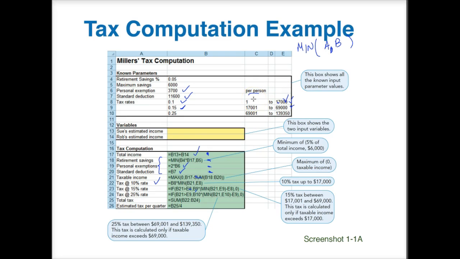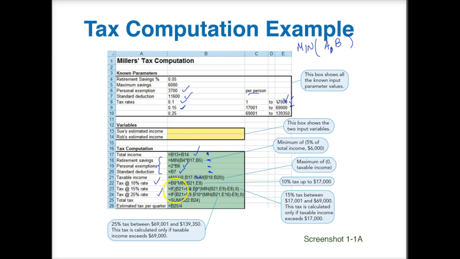And so when we subtract that, we're subtracting away the first 17,000 that someone owes, so that we can get that 15% tax on the remaining amount that's between the $17,001 and the $69,000. Okay. And of course, the similar kind of thing for the 25% tax rate.